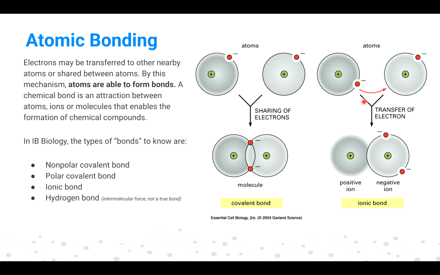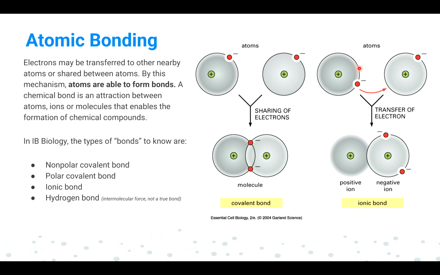There is another way of making a bond which is called an ionic bond, in which there is a complete transfer of electrons. When we say transfer, that means one atom has an extra electron and gives it to another atom which is electron deficient, right?